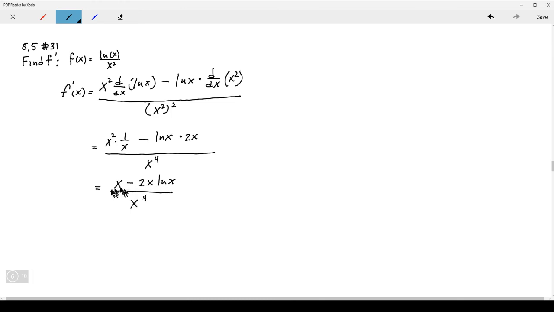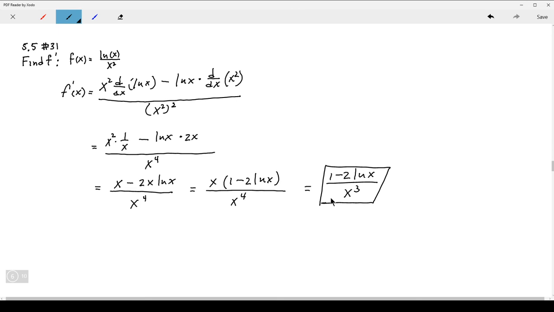Now I have a common factor of x on the top, so I want to pull that out: 1 minus 2 ln of x, because then I can reduce the x on top with the x to the fourth, and we end up with on top 1 minus 2 ln of x over x to the third. And that is your first derivative. Okay.